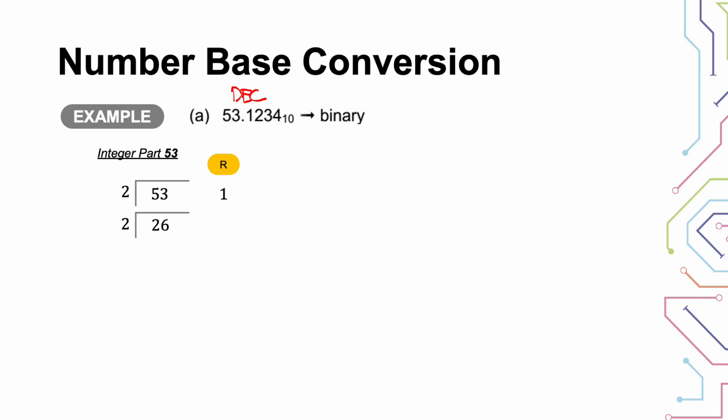Sorry, mali pala. 53 divided by 2, we have 26.5. So yung 26.5 na result, yung 26 malalagay dito. And then yung 0.5, which is ito yung remainder, 'di ba? Yung 0.5, so minus natin sa calculator yung 26 para maging 0.5. And then yung 0.5, i-multiply natin sa base number, which is 2. So meron siyang ibibigay na 1.